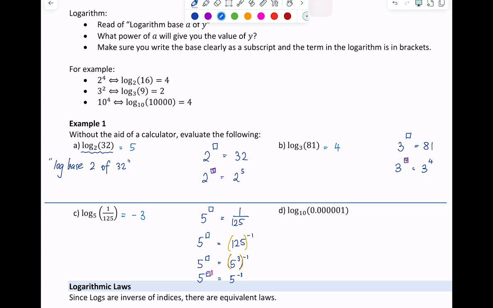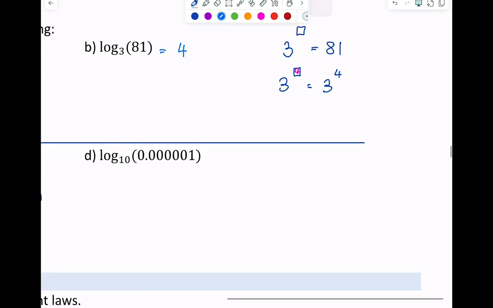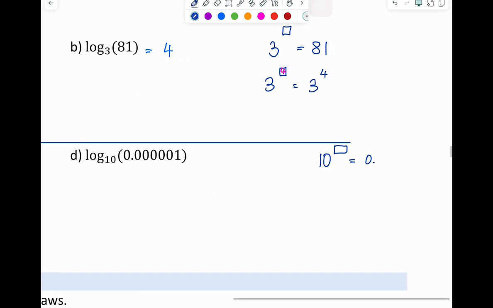Sometimes we do want to manipulate what we have in our bracket, and you can definitely see that with the next question as well. If we have a look at log base 10 of 0.000001, we can rewrite this off to the side. That's going to be rewritten as 10 to the power of something equals 0.000001.